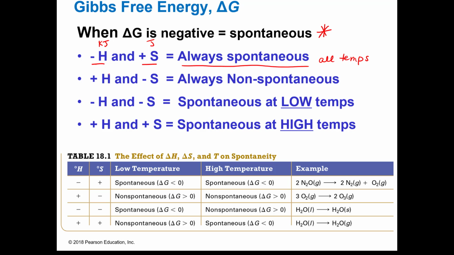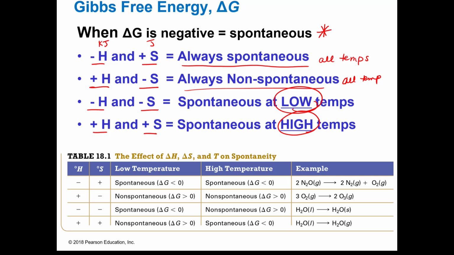If your delta H is positive and your entropy is negative, it's always non-spontaneous at all temperatures. If you have both of them negative, then they're spontaneous at low temperatures, and if both are positive, it's spontaneous only at high temperatures. So that's what you got to remember.